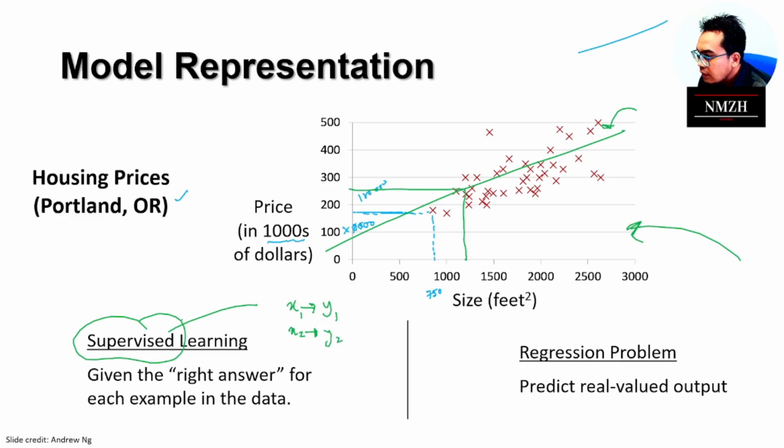We set the supervised output for X1 to be Y1, giving the right answer. So this is the right answer, guys, for each example in the data. This is data, and this is the right answer. Right. Okay. So a regression problem is basically predicting a real value.